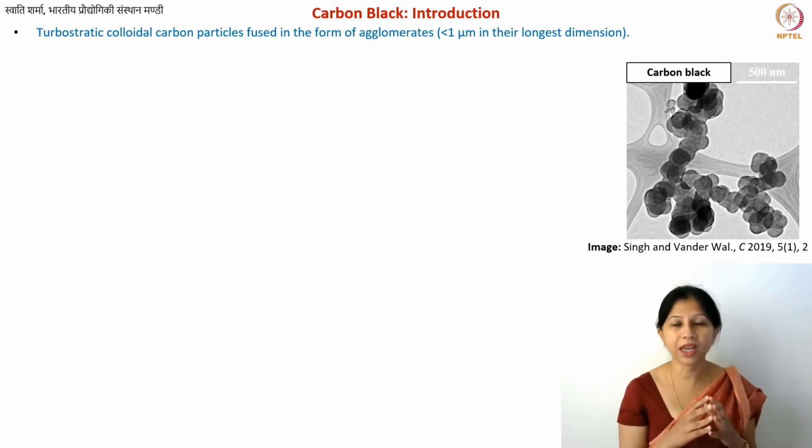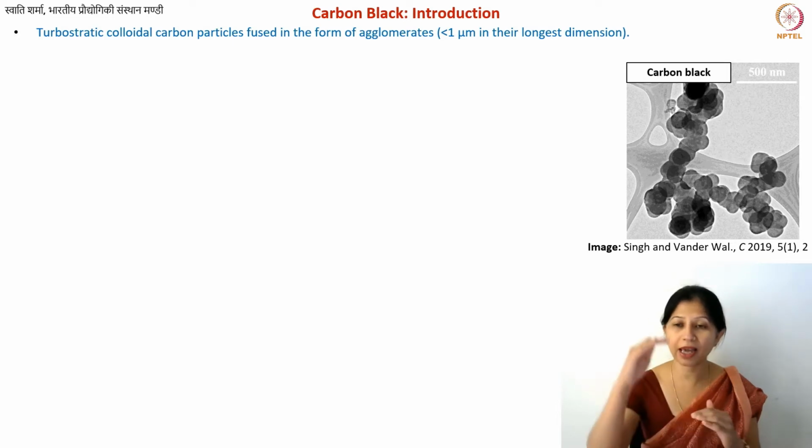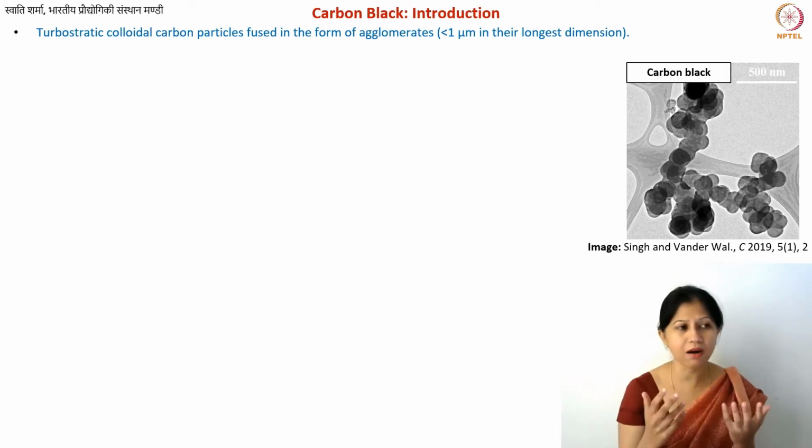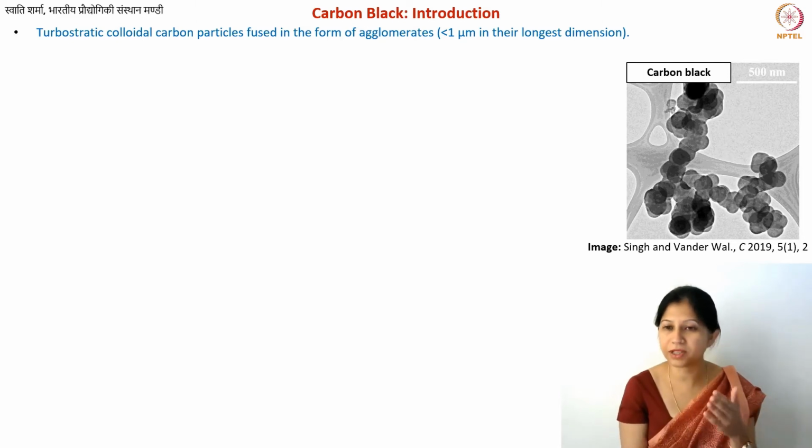Often the individual particles are in the 10 to 15 nanometer range, and the bunches are typically slightly above 1 micrometer, so 1050 nanometers, for example, but this is acceptable approximately. So they should be in the 1 micrometer range. This is how these bunches are known as carbon black particles.